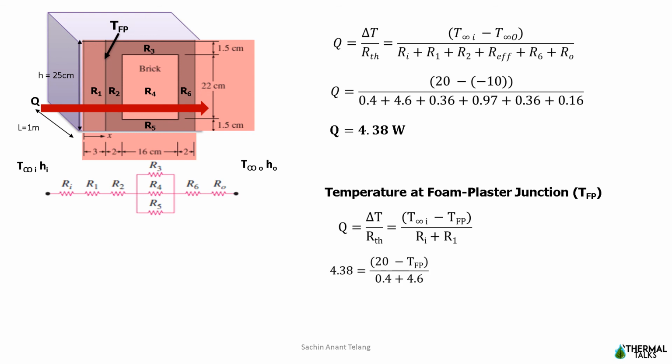So I can put in the values which I already calculated and finally calculate the temperature. Inside the wall there is a temperature of 20 degrees Celsius, and as soon as heat crosses the foam, at the foam and plaster junction the temperature is minus 1.9.